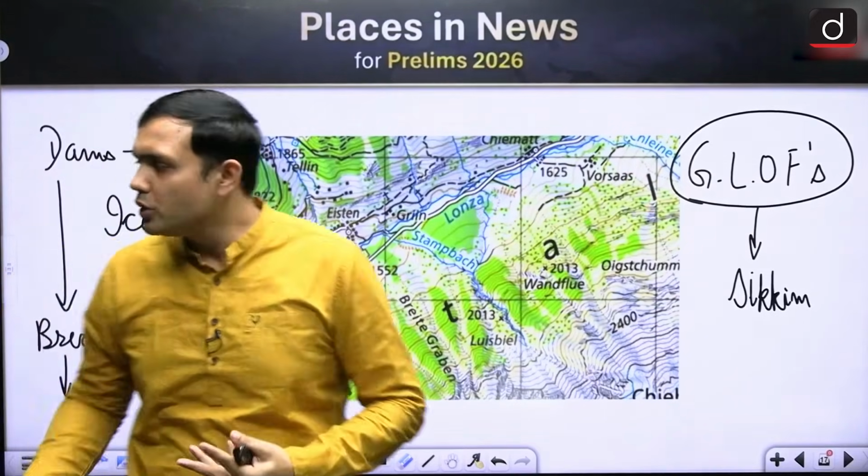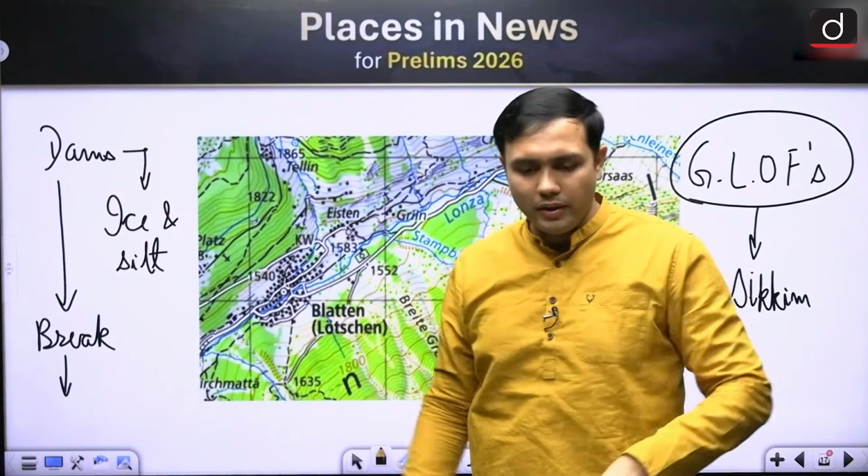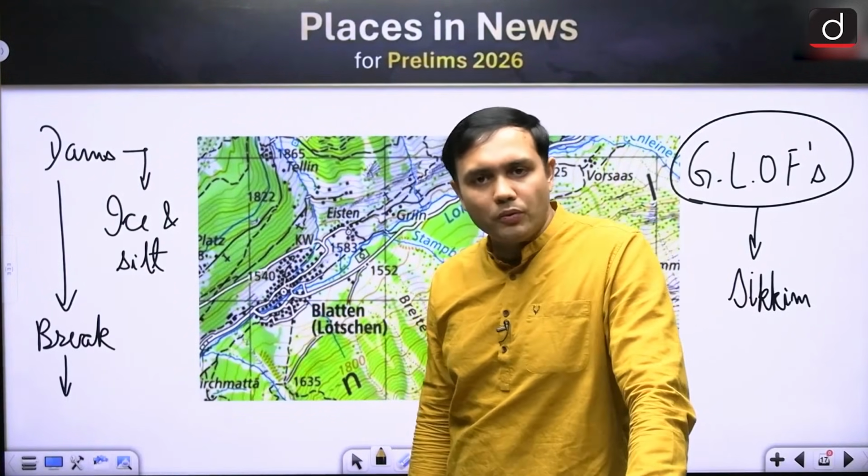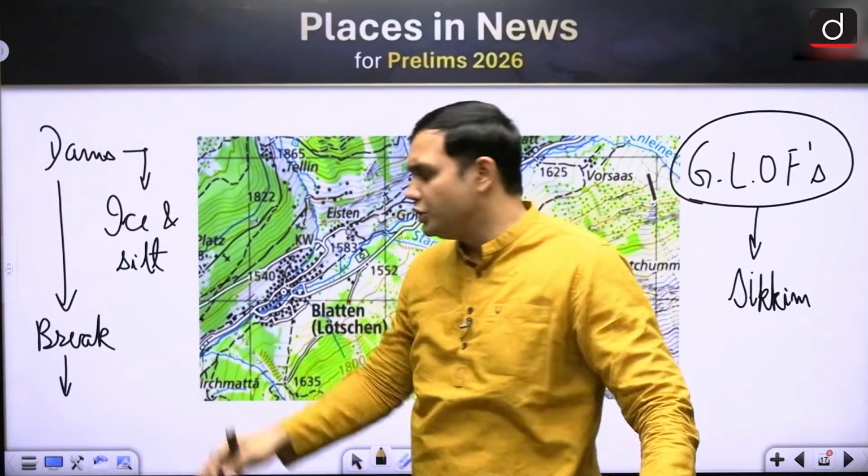What is happening is that these dams of ice and silt are somehow breaking apart, and due to this collapse of the glacier, the debris is flowing towards the region.